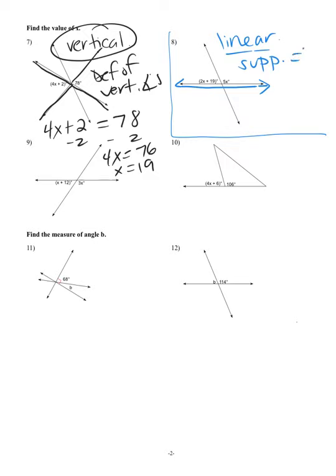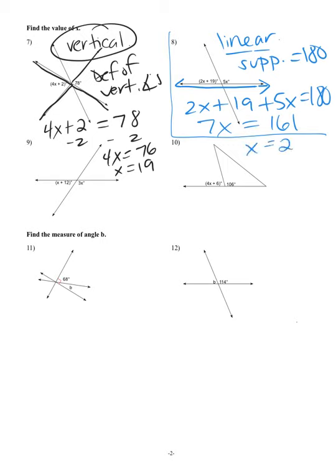So therefore they are going to equal 180. So you have 2x plus 19 plus 5x equals 180. You isolate the variable. Subtract 19 and then add 5x plus 2. So you get 161. So x would equal 23.